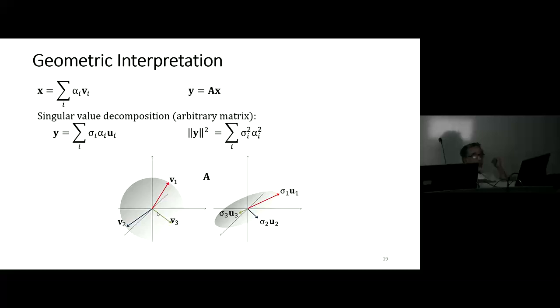And so the direction of maximum stretching is v1, that would be x, and y would be sigma 1 u1. Then if we want another direction that's orthogonal to v1, the answer is v2, x equals v2, and y equals sigma 2 u2. See, the directions are changing because this is a v and this is a u.